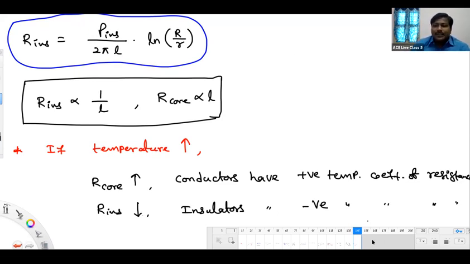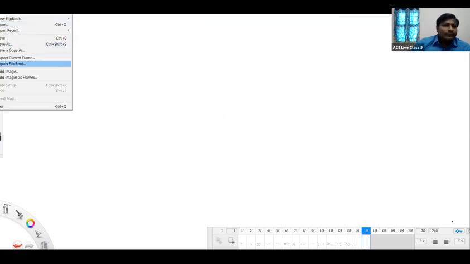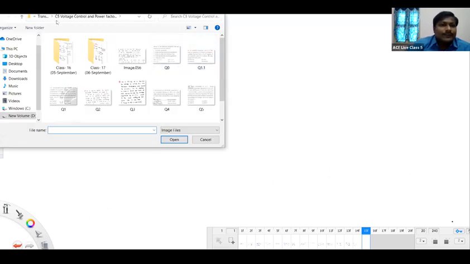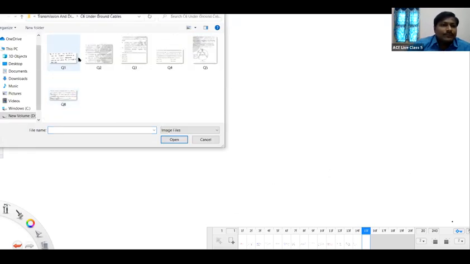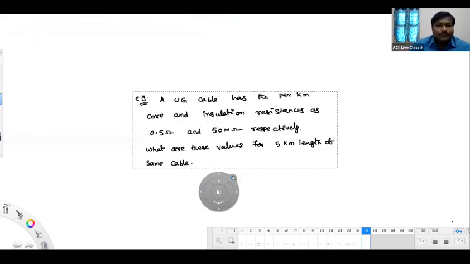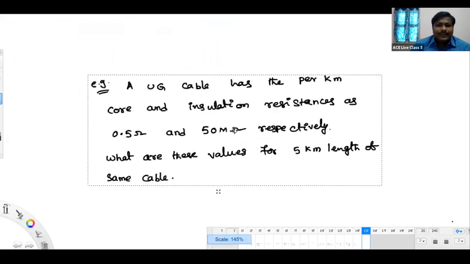So next we'll take up one small problem on these resistances. It's a very simple question.